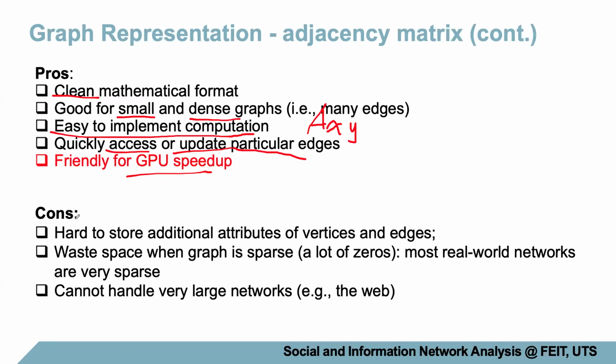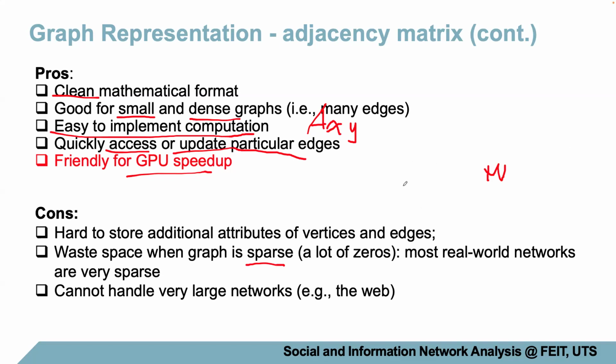But the disadvantage of the adjacency matrix is that it is hard to store additional attributes of vertices and edges. For the matrix, at most you can save whether there is an edge, or maybe save the weight of the edge. But if there are other attributes, it's not easy to save them. Also, it wastes space when the graph is sparse, because in the matrix a lot of the values will just be zero.